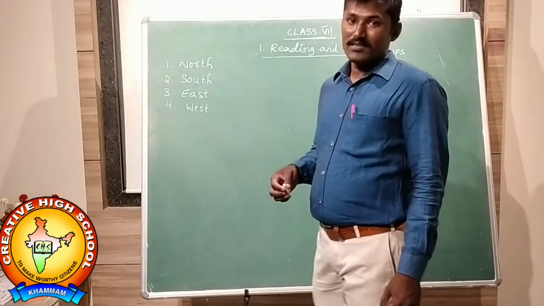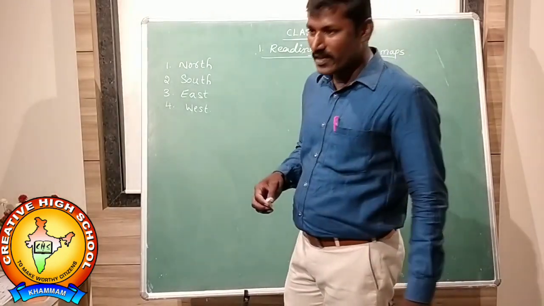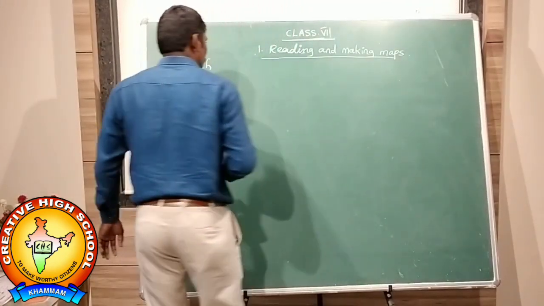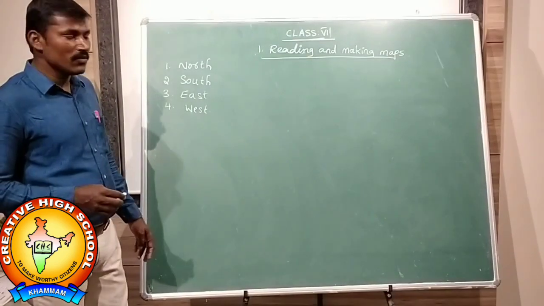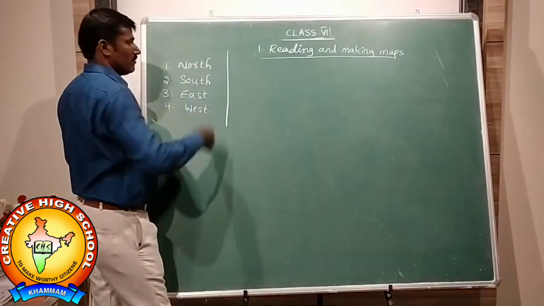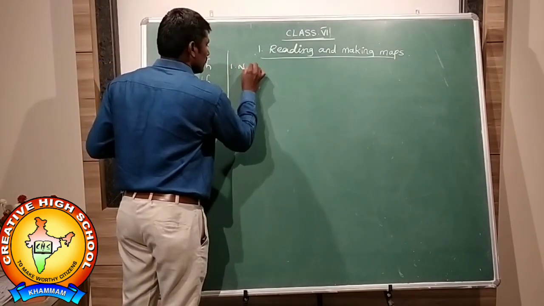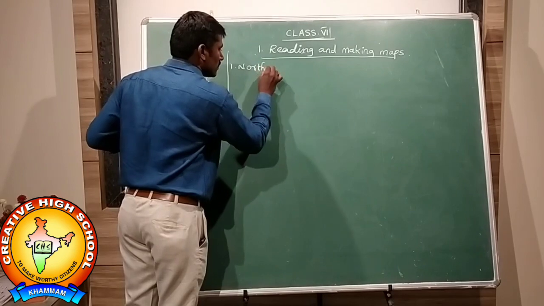And as well as 4 sub-directions also we discussed. What are the remaining 4 sub-directions? Yes. One is northeast.